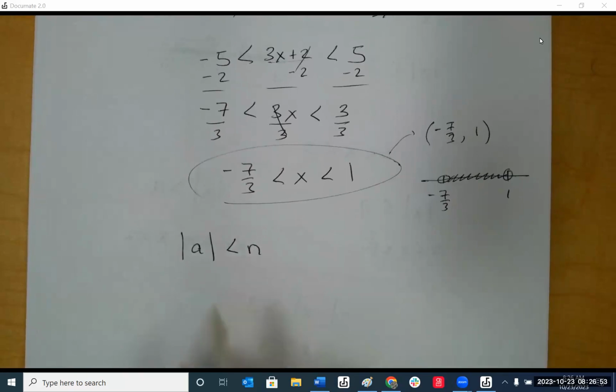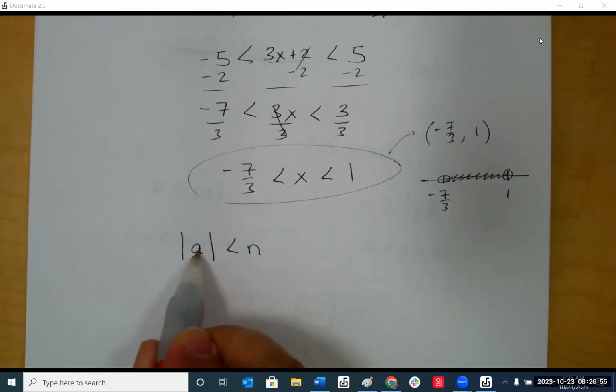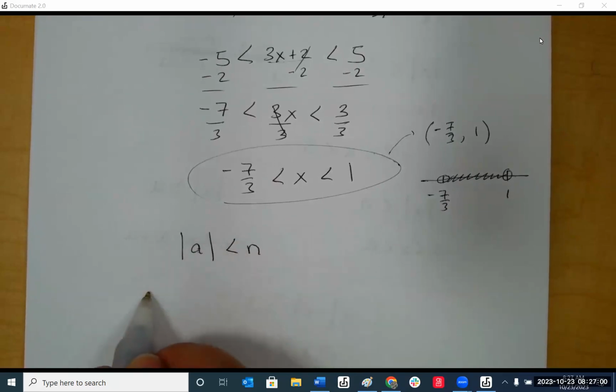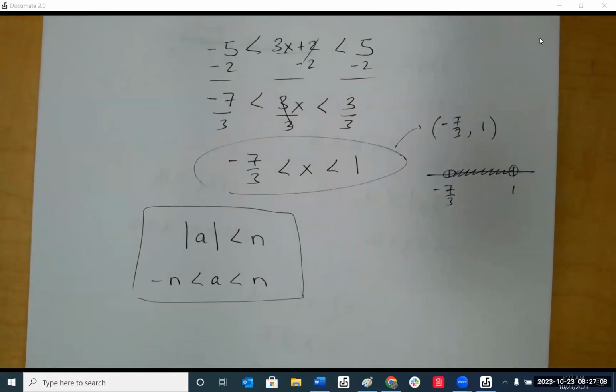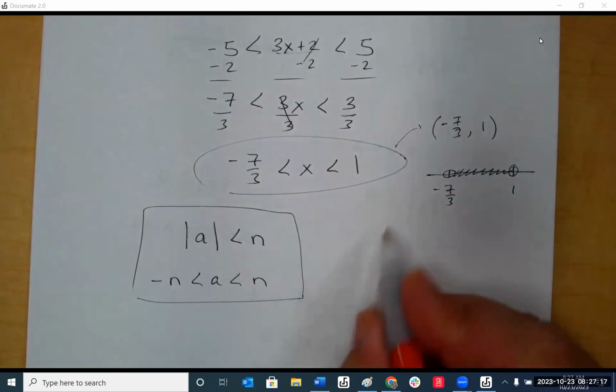So here's the formula. The absolute value of an expression A is less than n. Because it's less than, we can just do it that way. In other words, once I show you the formula, instead of going through the long way we just did up here, we could just write the answer.